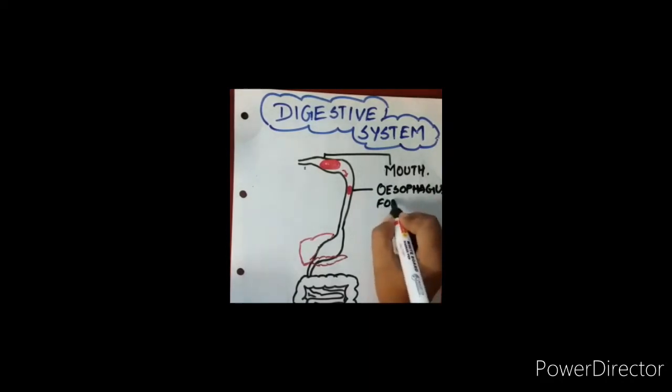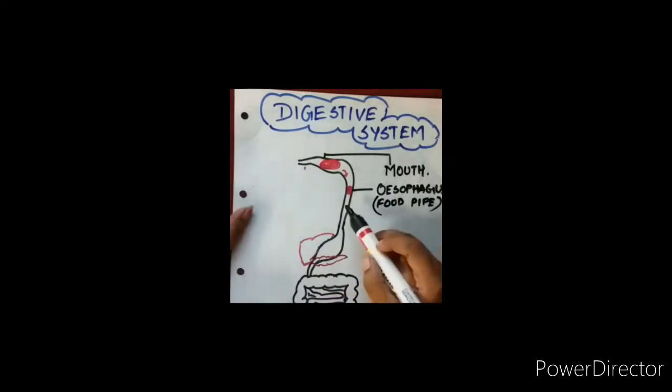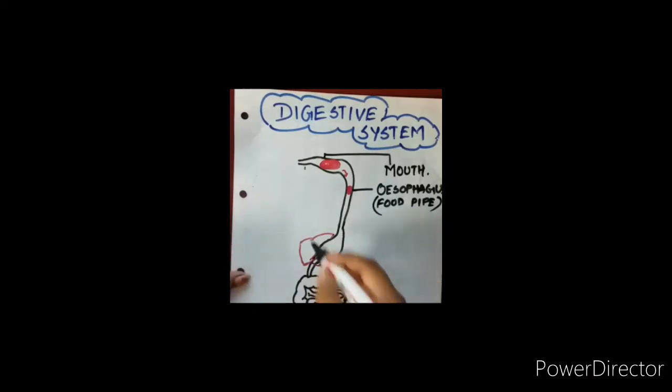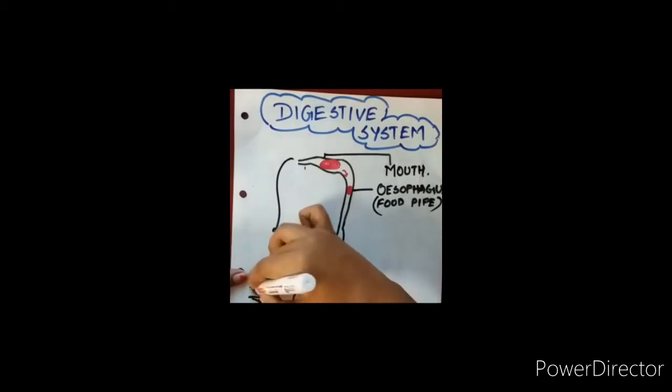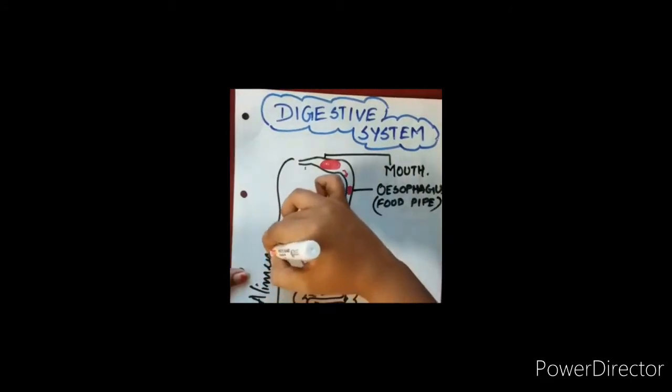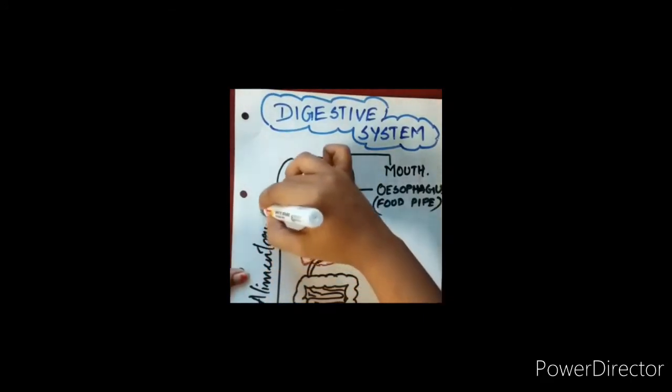The esophagus is a long tunnel. Now, we are talking about the alimentary canal, so all this area is known as the alimentary canal.